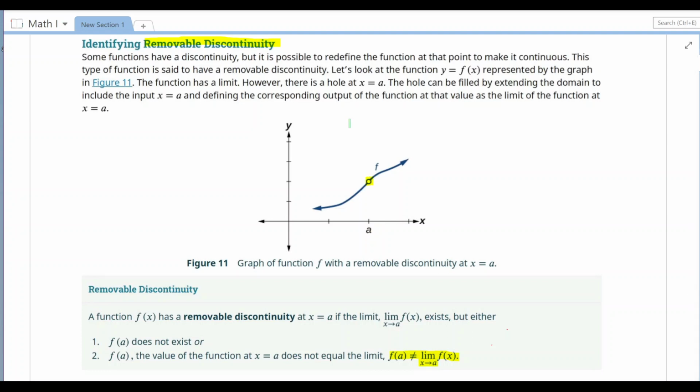However, the limit of that function as x approaches a is that value, from the right and from the left, shown here. So the value is not the same. We can say that this is a removable discontinuity, or the function has a removable discontinuity at x equals a.